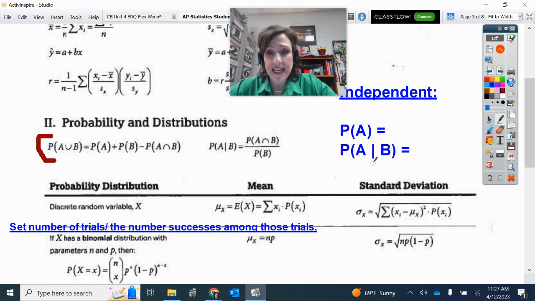Because essentially what this is saying is, given that B has happened, the probability of A remains the same. Therefore, B did not change that probability. So if these two values are the same, B did not change that probability, and therefore A and B are independent. All right, so all three of those things come into play with this problem, 2019 number 3.